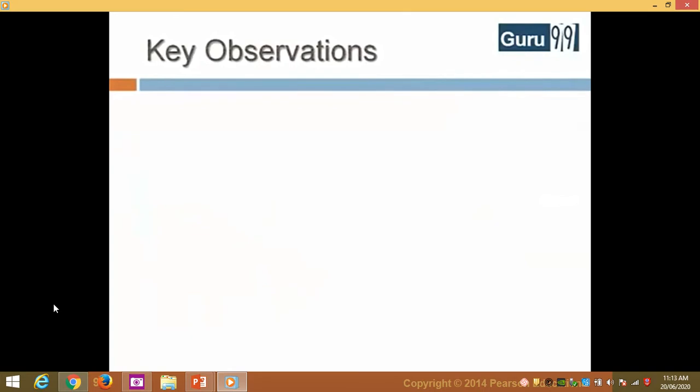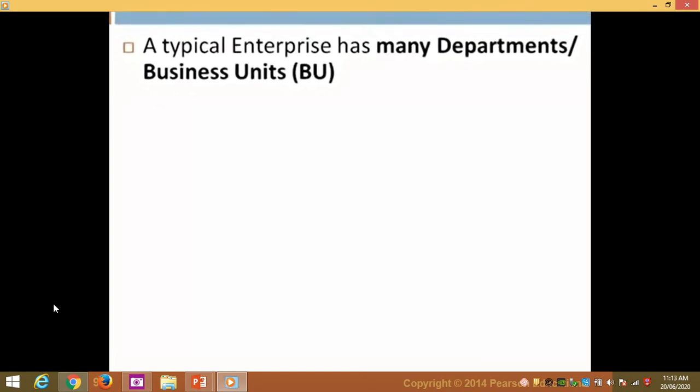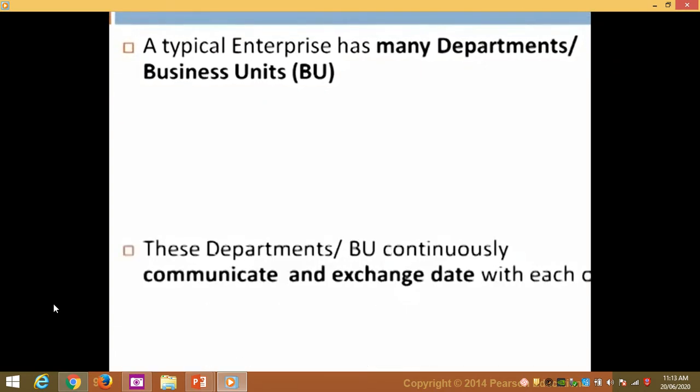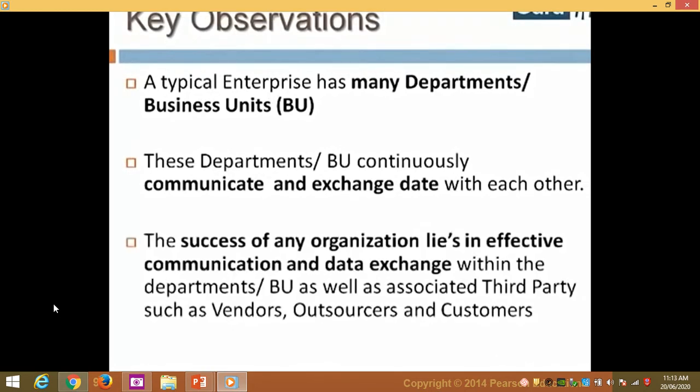Some key inferences one could derive from this scenario would be: a typical enterprise has many departments or business units. These departments or business units continuously communicate and exchange data with each other. The success of any organization lies in its effective communication and data exchange within these departments, as well as associated third parties such as vendors, outsourcers, and customers.